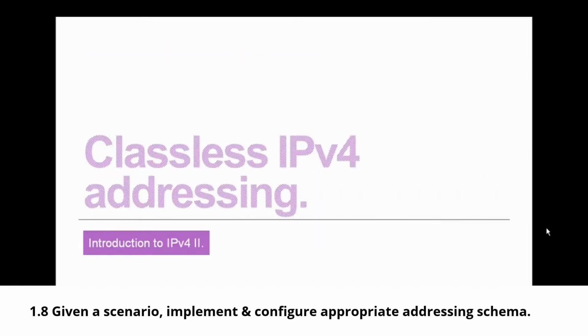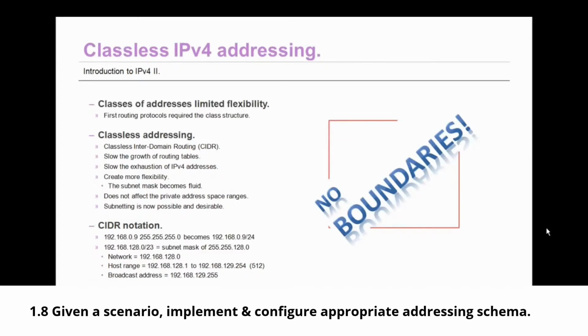Now let's move on to classless IPv4 addressing. Now, the classes of addresses actually limited the flexibility of IPv4. Part of the reason for that was that the first routing protocols required the class structure. And you would think that with over 4 billion possible IP addresses that we'd still have flexibility, but we really didn't. Classless addressing, which is called Classless Interdomain Routing, or CIDR, was developed to slow the growth of routing tables.